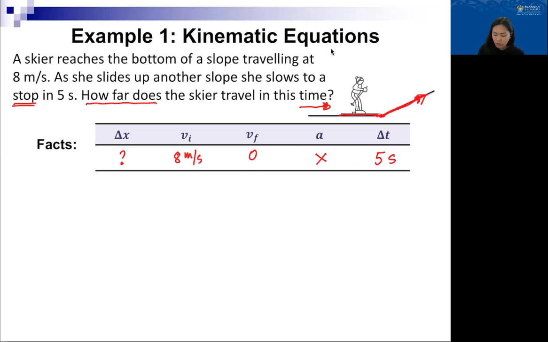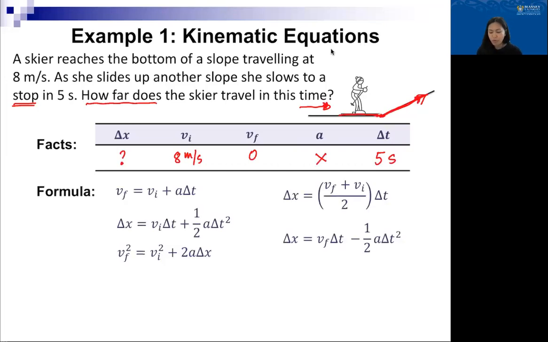Once you've written down your facts, then go to your kinematic equations. Let's say this is kinematic equation 1, 2, 3, 4, and 5. Which equation do you think you can use to solve for delta x? Is it equation 1, 2, 3, 4, or 5?